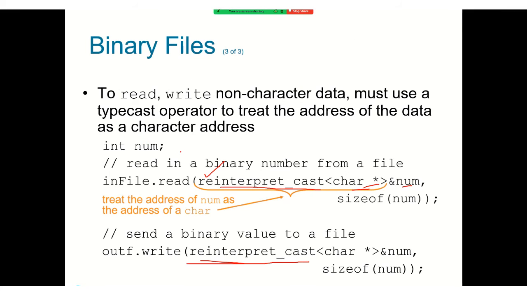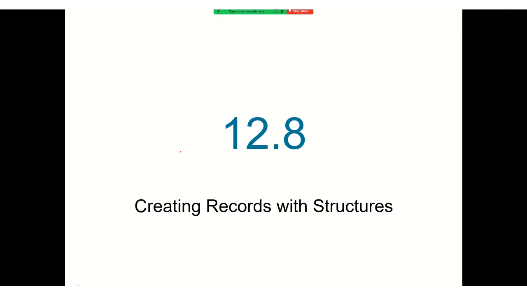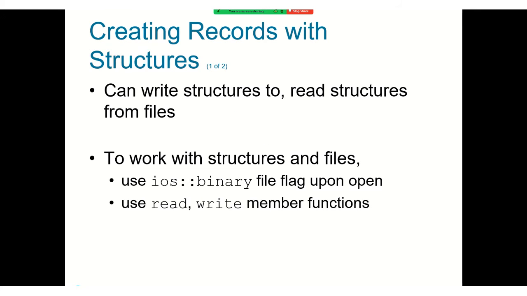Okay, let's move forward. You can create records with structures. We have learned about the struct. Last week we talked about struct, and you have another video loaded there where we talked about the cast.